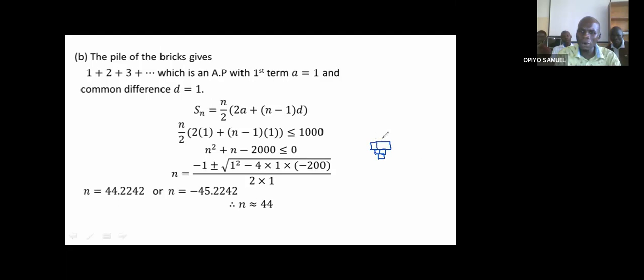That is the third row. So we shall have like this. Which means if you make the next row, because they said and so on, we shall have 4 bricks.